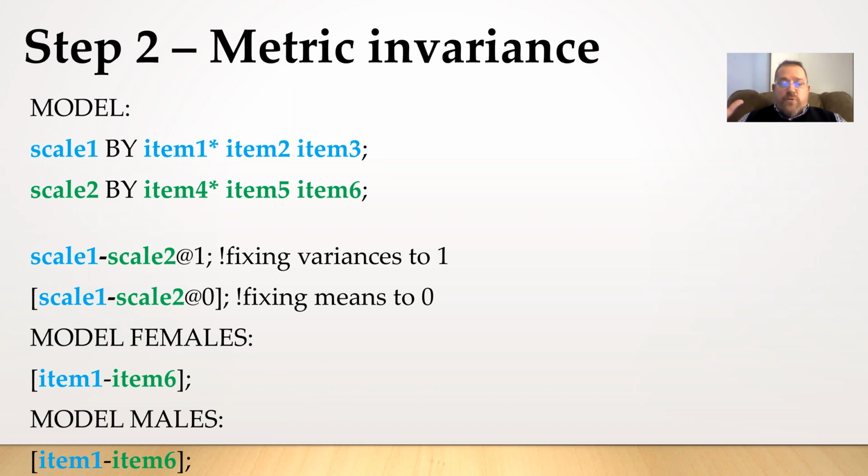So there are, by the way, just many ways of constraining and specifying which things should be free and which things should be fixed. And across this code, they use different ways of constraining and making things fixed. So if it's a little confusing, just trust. I tried to make this as generic as possible so you could take this code and paste your own item names in and be able to run your own analyses.